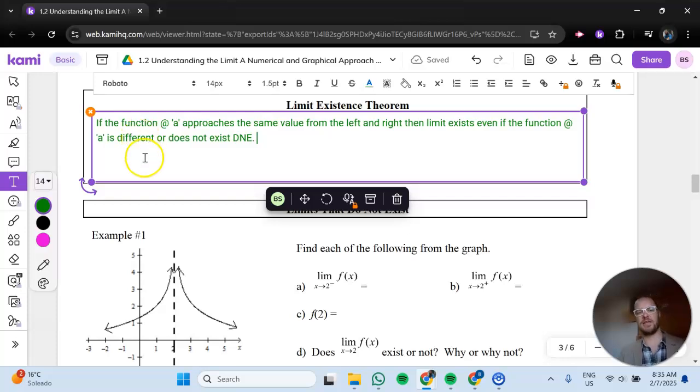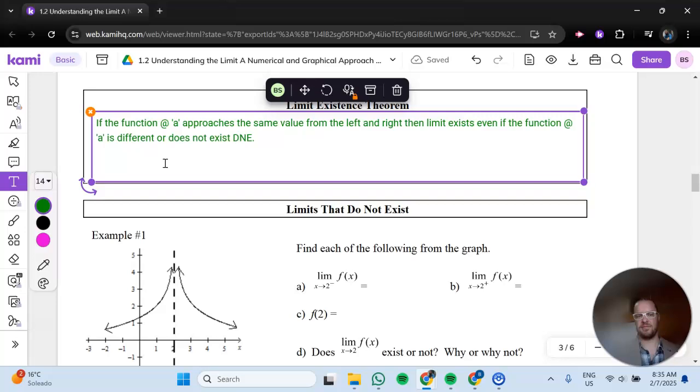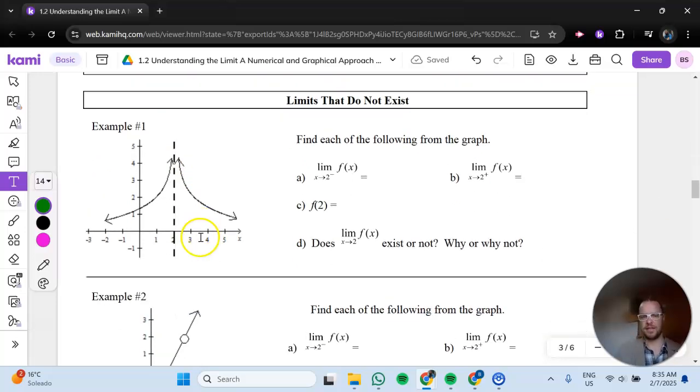All right, now that's kind of like that example we just did in the bell work where the actual function was 2, but the limit was 5, okay? And we can actually have it where the limit at 3 doesn't exist at all. It just doesn't exist. So let's take this and do a few examples to kind of show this, all right?